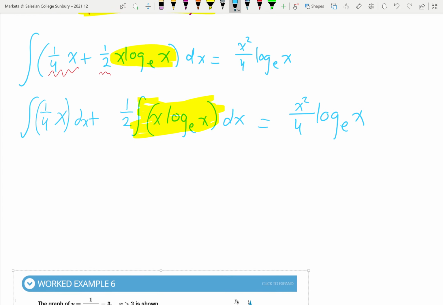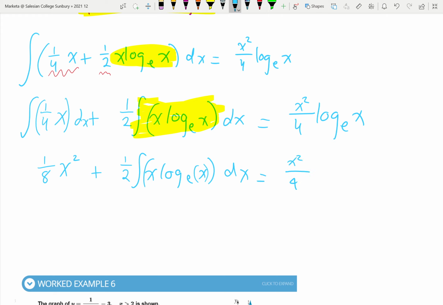So the antiderivative of 1/4 x is going to be 1/8 x squared, and it still equals x squared on 4 log ex. And now I can just subtract this like I usually would for really simple algebra. So just to save room, I'm just going to get rid of it over here, so that we don't have to move that other one down even further. Now the only thing in the way is that half.